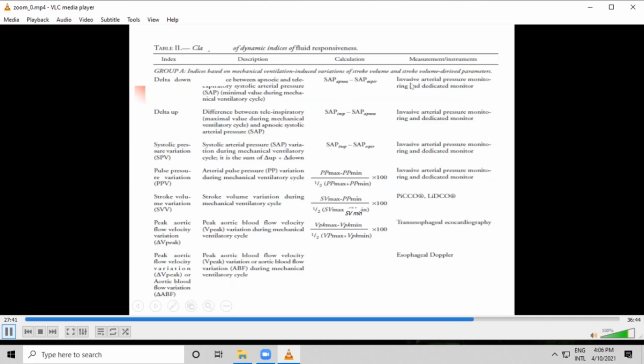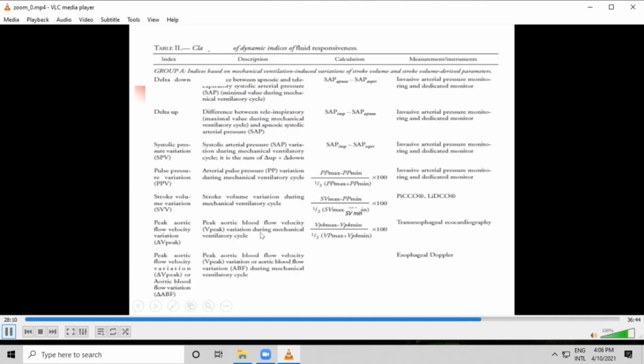So they require invasive arterial pressure monitoring and dedicated monitors, all three. Pulse pressure variation is PP max minus PP minimum divided by the average of the two, multiplied by 100, and requires invasive arterial pressure monitoring and a dedicated monitor. Stroke volume variation similarly, SV max minus SV minimum, this is a little misprint here, then divided by the mean of the two multiplied by 100, requires PiCCO or a LiDCO.